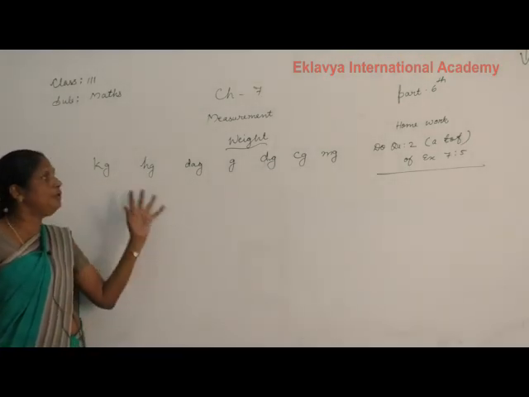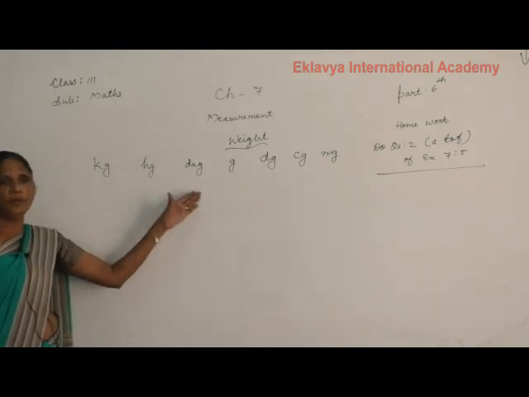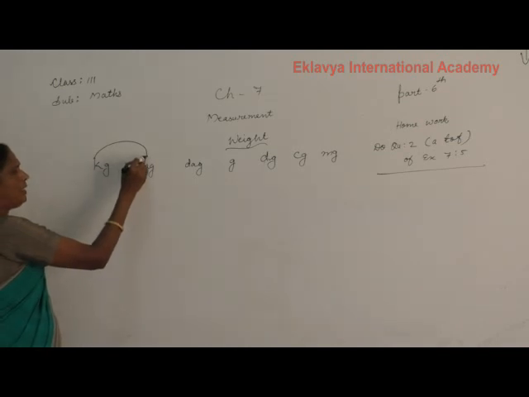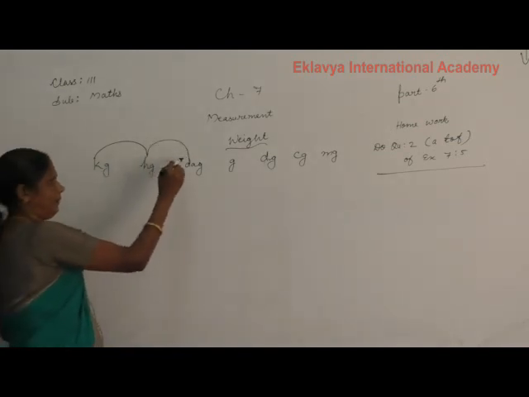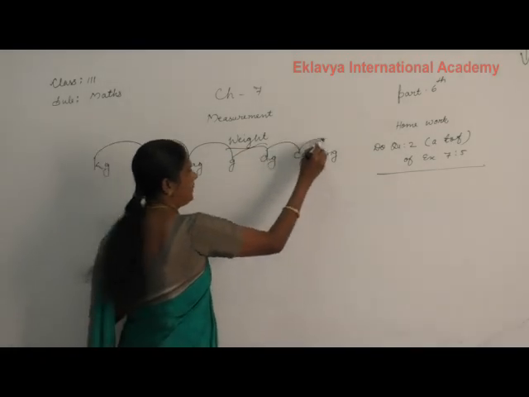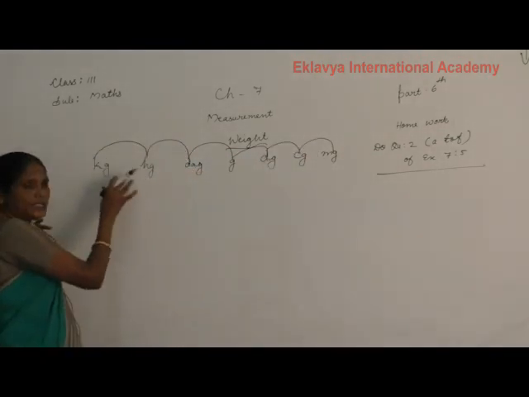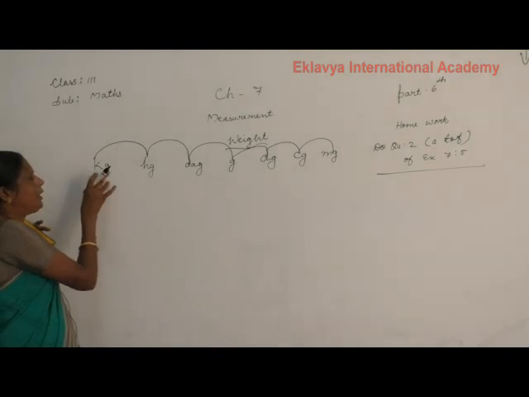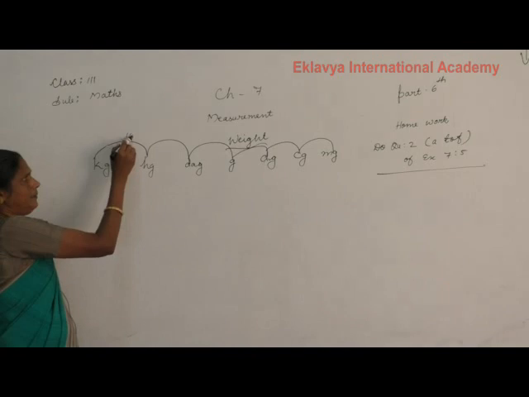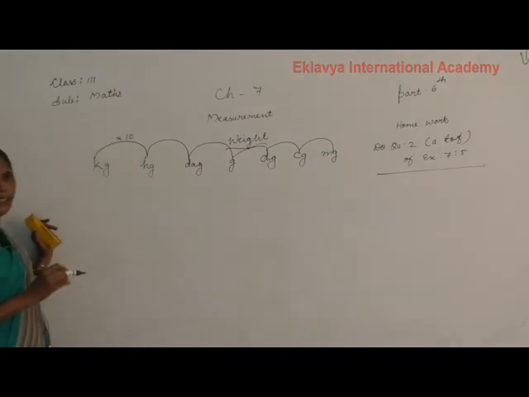How to convert? Bigger to smaller, we multiply. The distance between kilogram and hectogram is 10, so we multiply by 10.